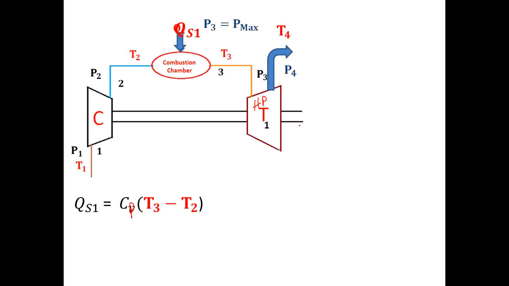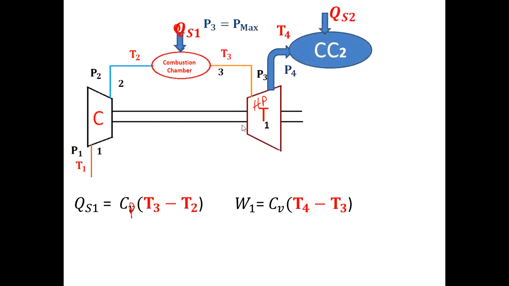The heat energy is given to the second turbine, the so-called low pressure turbine. The fluid from the first turbine, the high pressure turbine, goes to combustion chamber 2, where again it will be reheated. This is what we call the reheating of the cycle.